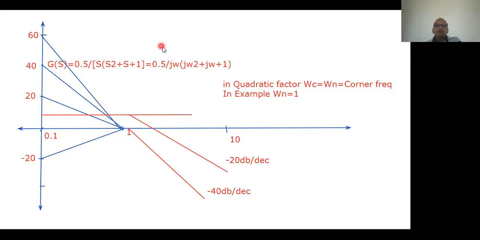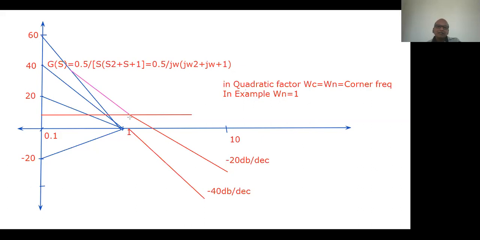If you draw the asymptotic magnitude Bode plot, I will draw with another color. Draw an asymptote with slope minus 20 dB per decade.